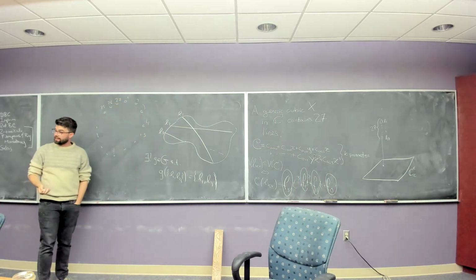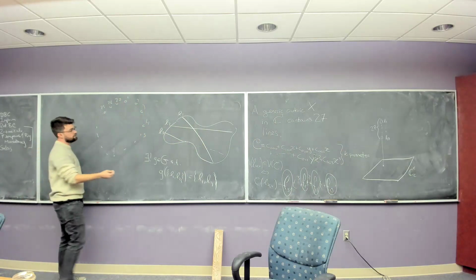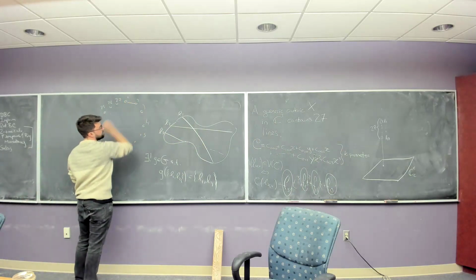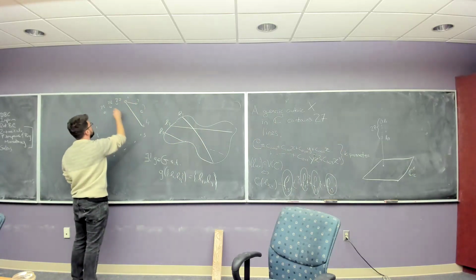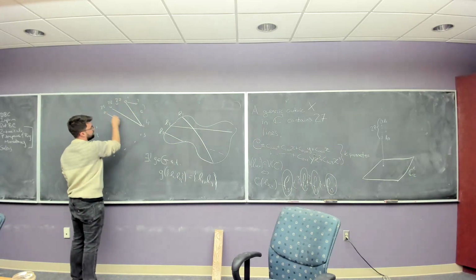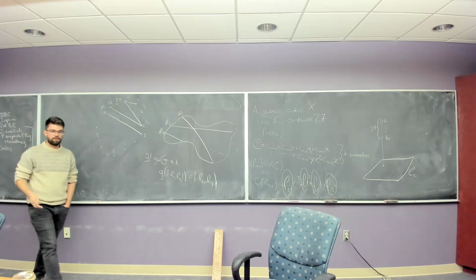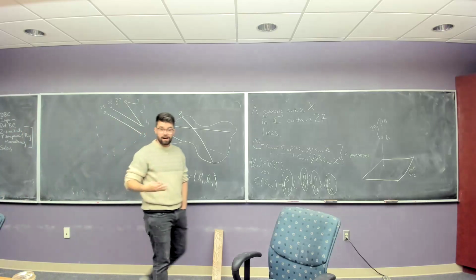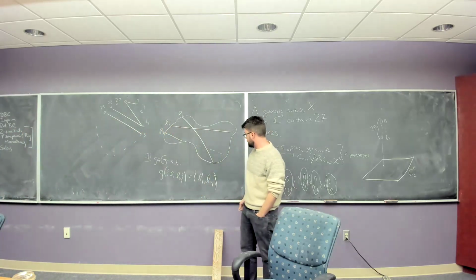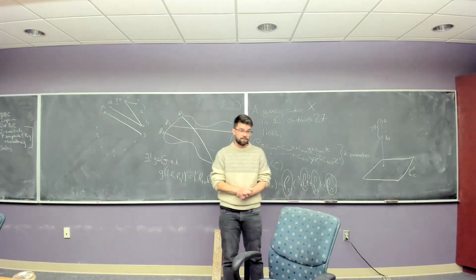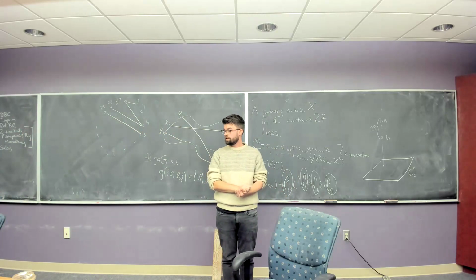And then I draw an edge between any pair of lines that intersect. So in this case, 1 and 2 intersect, but 1 and 3 don't. Maybe 1 and 4 do, and 26 and 4 do. And you can cook up this graph. In fact, you have all the information because you have a collection of 27 lines here. So as long as you know how to check whether or not two lines in 3-dimensional space intersect, you could actually cook up this graph yourself.